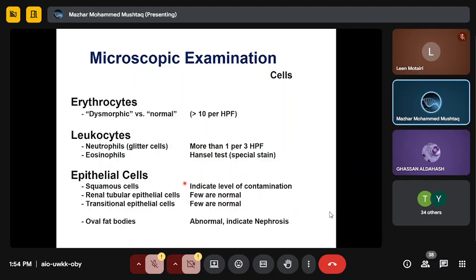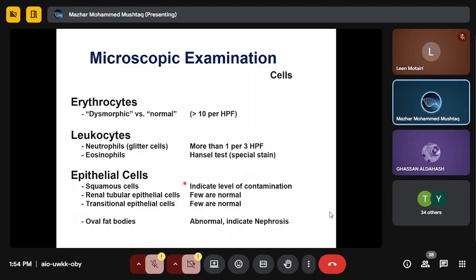So that means with the high power field, which is 400 times, if you see more than 10 red blood cells, you call it dysmorphic or normal depending on what they look like.